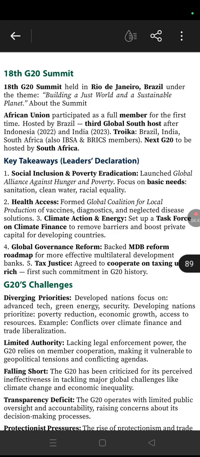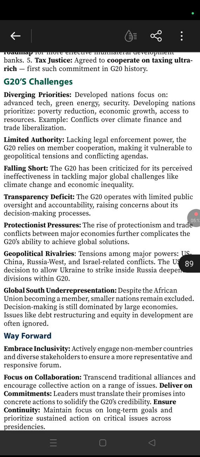Then after that, the 18th G20 summit was held in Brazil, whose key takeaways were social inclusion, poverty eradication, health access, climate, global governance, as we have read before, tax justice. If you get the keywords now, you can write the basic arguments with few examples for your answer.